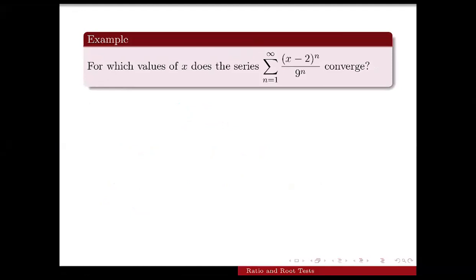Next, for which values of x does the series x minus 2 raised to n over 9 to the n, from 1 up to plus infinity, converge? Okay? So, this is a series, but with the variable x.